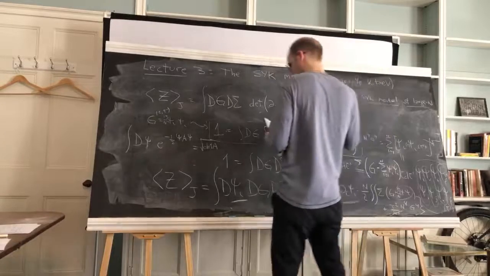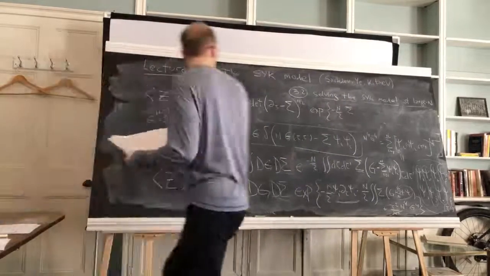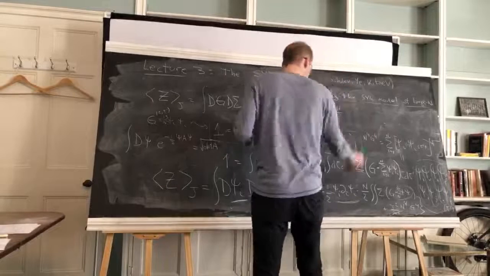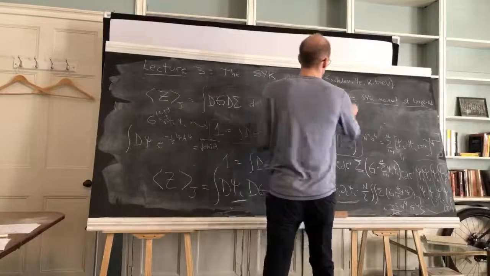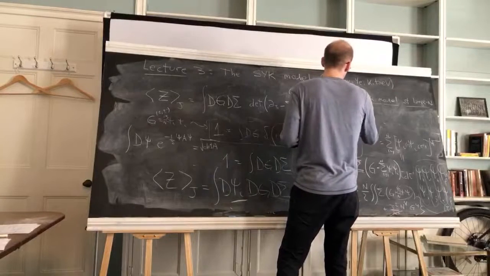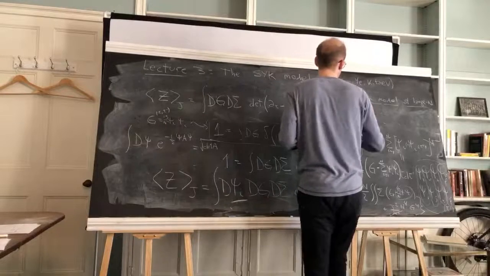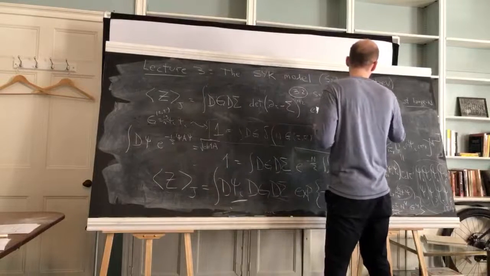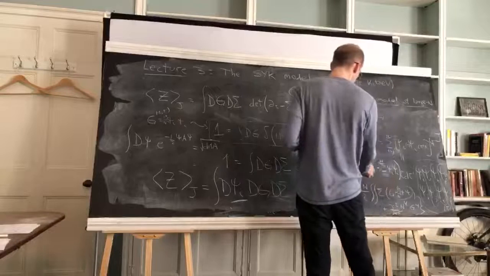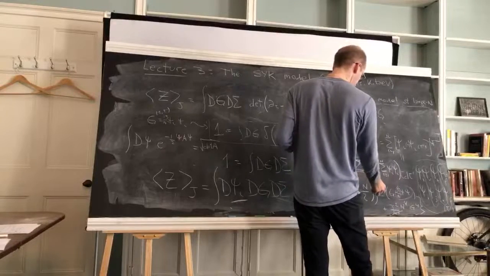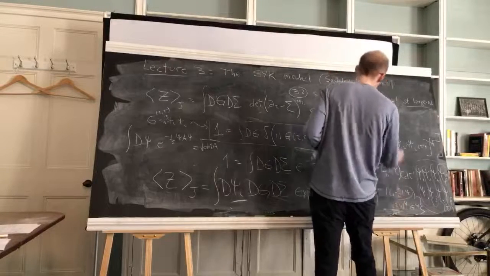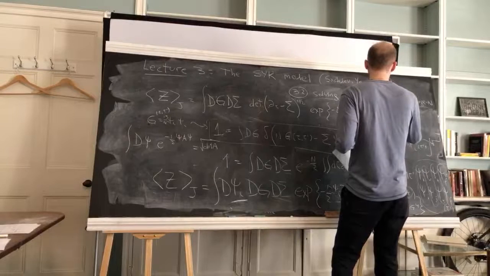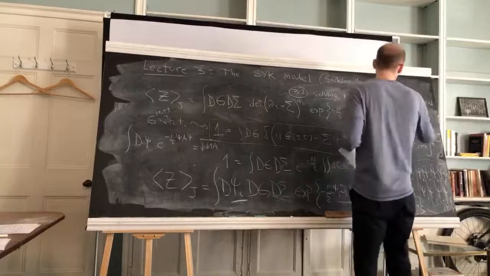So, but I need to write the double integral over dt d tau prime, sigma g. This comes from this term over here that doesn't have fermions, and the other one is this one over here, plus j squared g to the 4th.